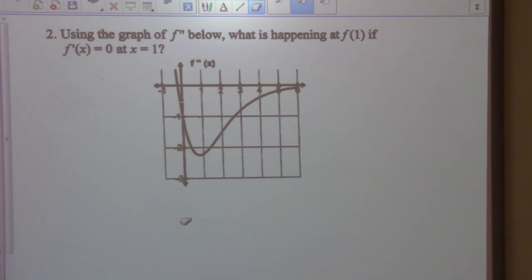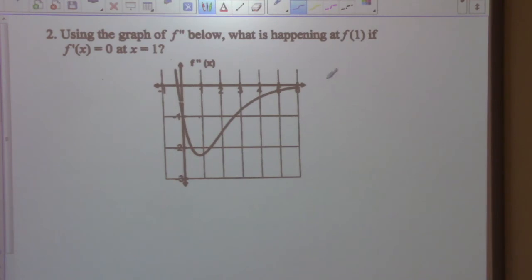So f double prime is less than 0, and f prime equals 0, so that's going to be a maximum.